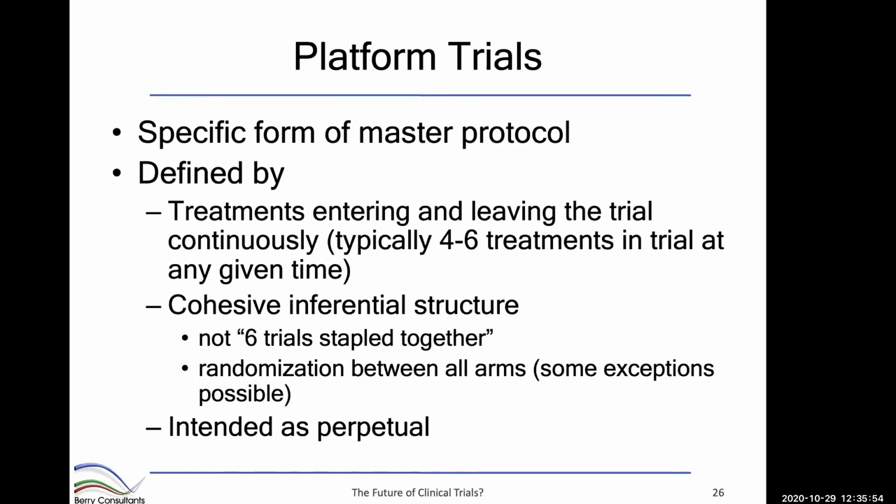The key reason for this is because everything is randomized together, it facilitates the sharing of the control arm. Now, typically, I would recommend that you make your control arm bigger when you do this.